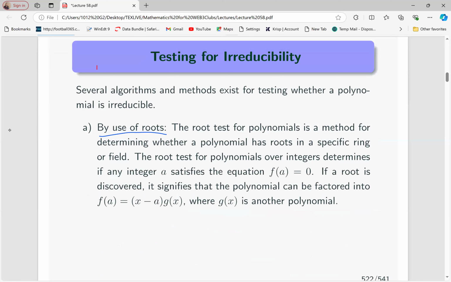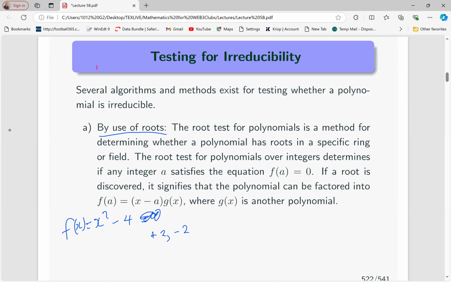So use of roots, we want to check if it has roots in this field. What do you mean by roots? For instance, if you have x squared minus 4, this is a polynomial. So what are the roots for this? The roots for this will be plus 2 or negative 2.